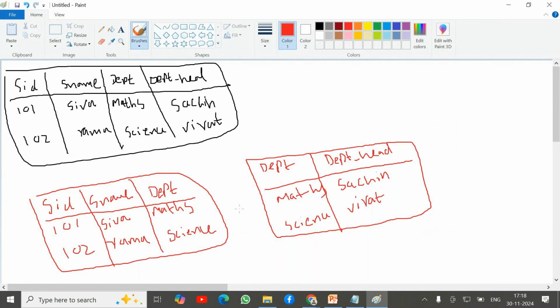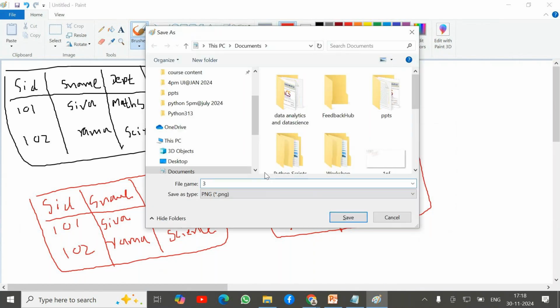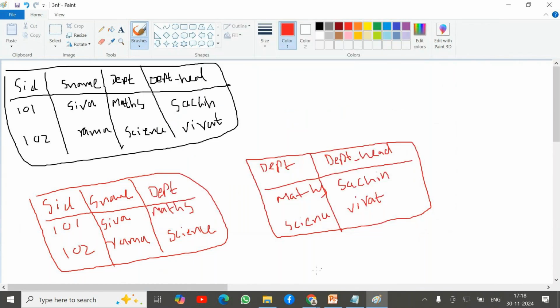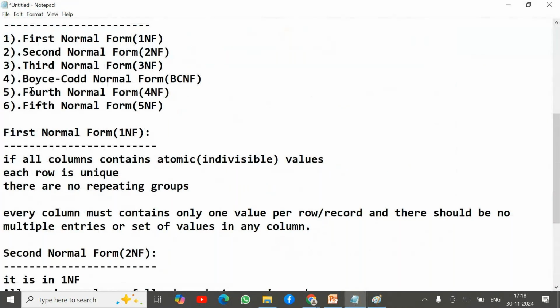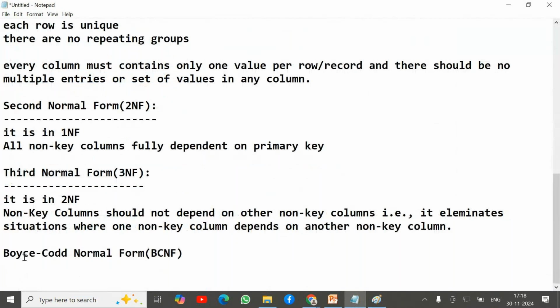Okay, a single table we are dividing into two tables. This is 3NF. Next one, Boyce-Codd normal form. It is in 3NF.